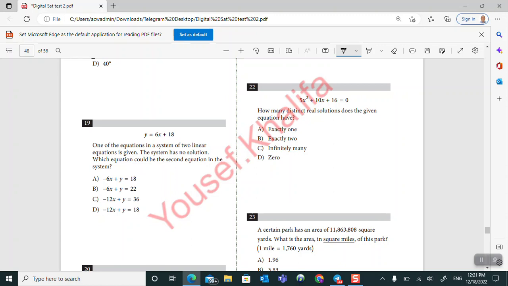So in order to find the slope, you can just do a simple way.